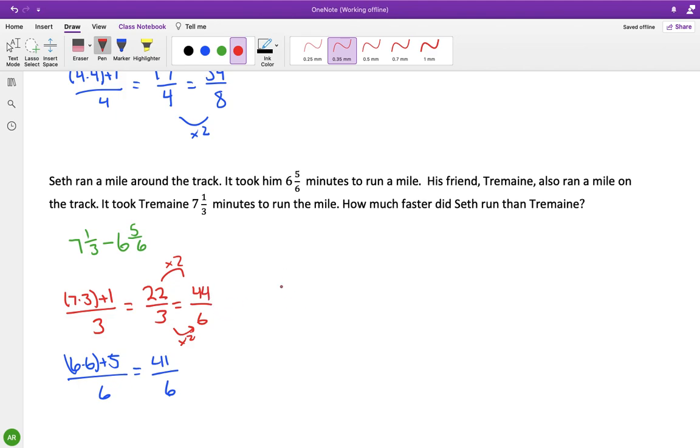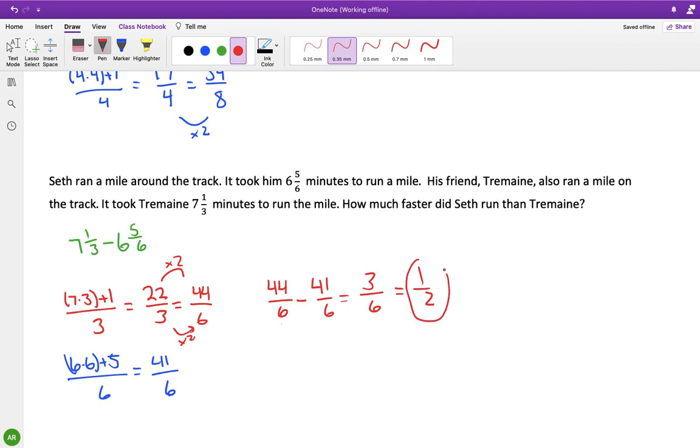Great, now 44/6 minus 41/6. Okay, the denominators are the same. Great, 44 minus 41 is 3. That reduces to 1/2. Remember, 3 goes into itself once, 3 goes into 6 twice, hence 1/2.